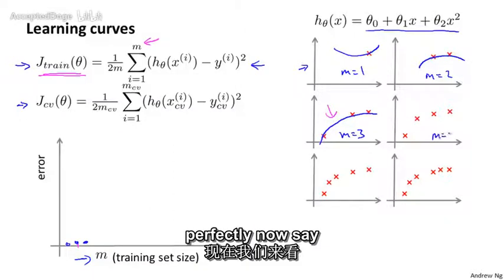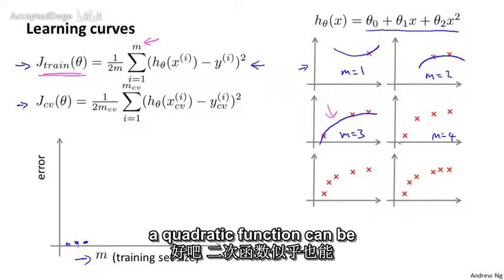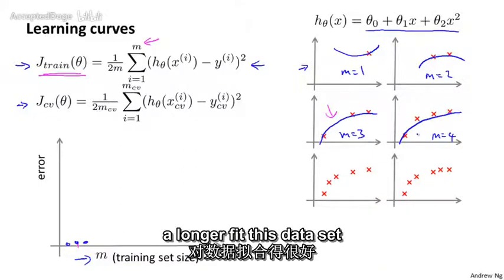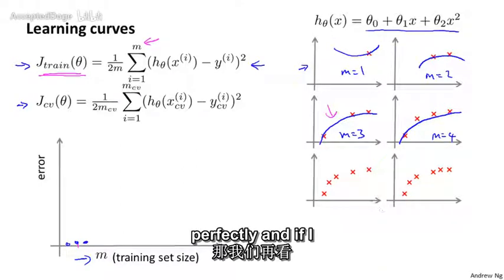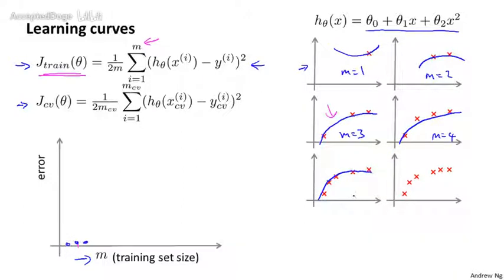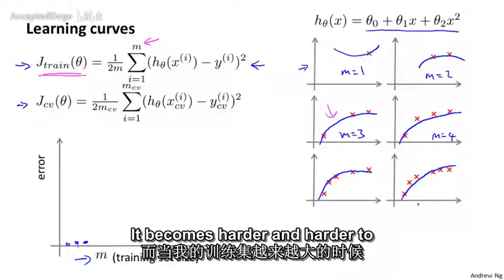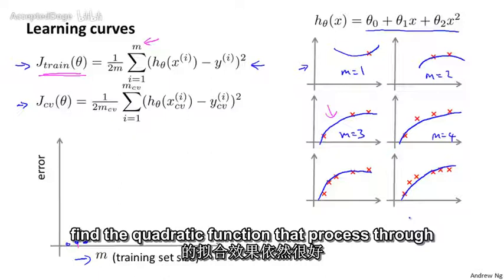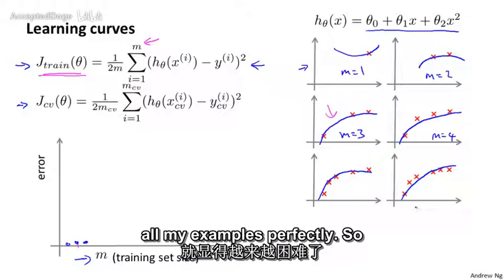Now, say I have m equals 4 examples. Well then, a quadratic function can no longer fit this data set perfectly. And if I have m equals 5, then maybe a quadratic function can fit this data so-so, but as my training set gets larger, it becomes harder and harder to ensure that I can find a quadratic function that passes through all my examples perfectly.